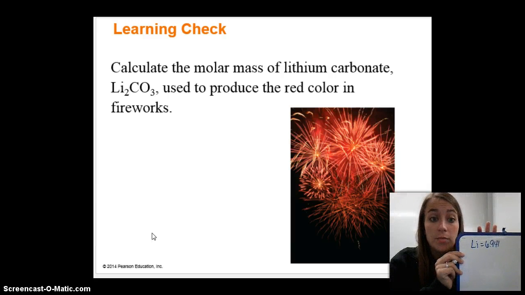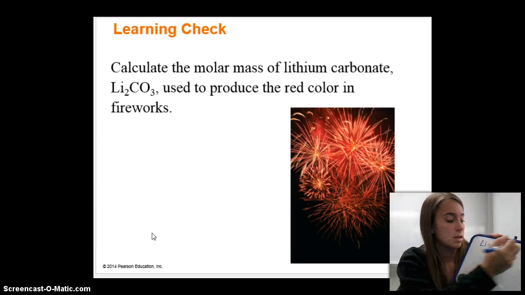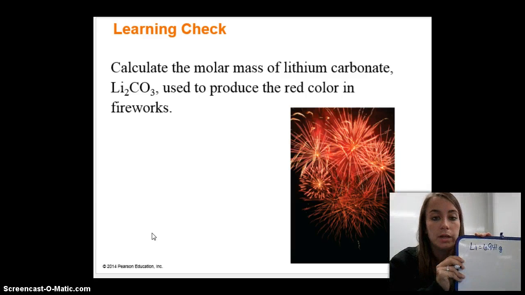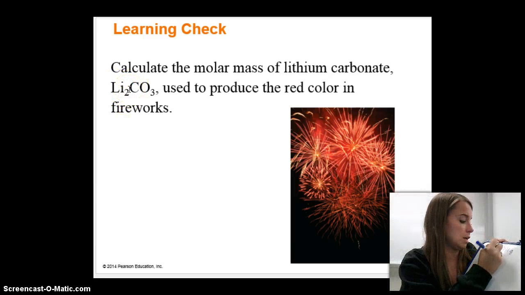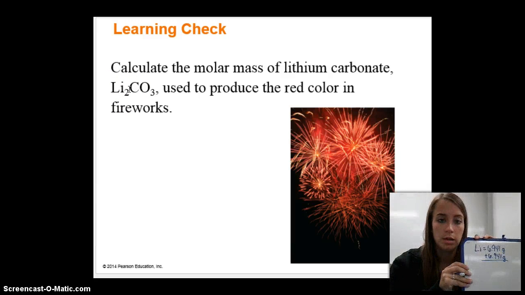That means that if I have a mole of lithium atoms, that would weigh 6.941 grams. Since I've got 2 lithiums, I need to add 6.941 grams twice.